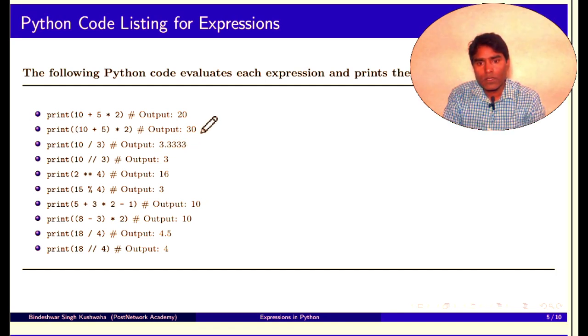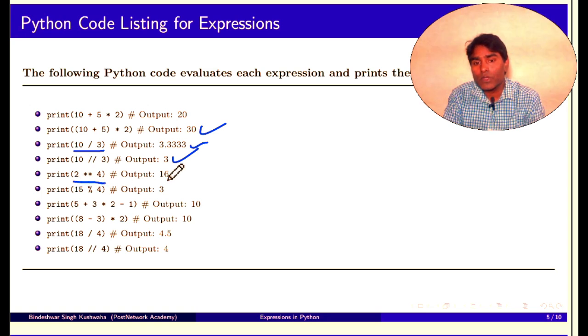Here 30, here 10 divided by 3 gives 3.333, and 10 double slash 3 is also division but the decimal part will get truncated.